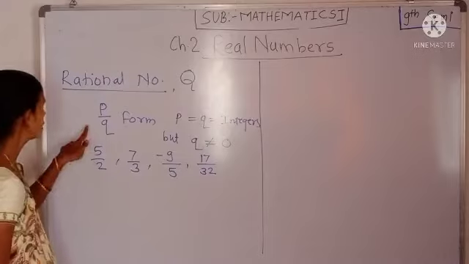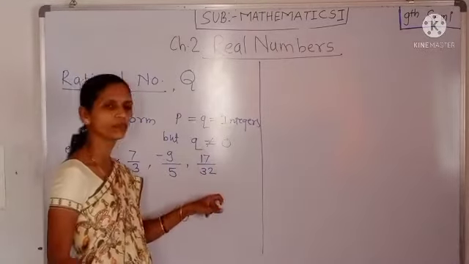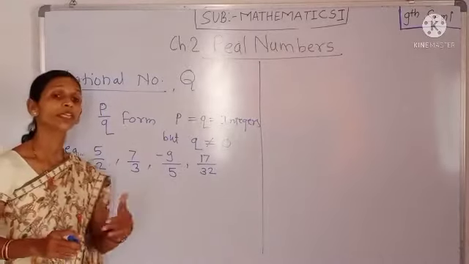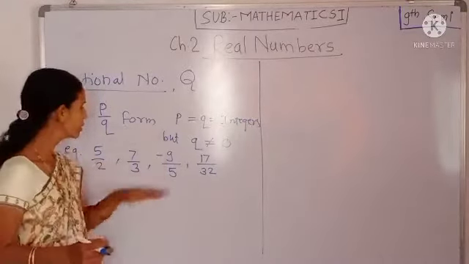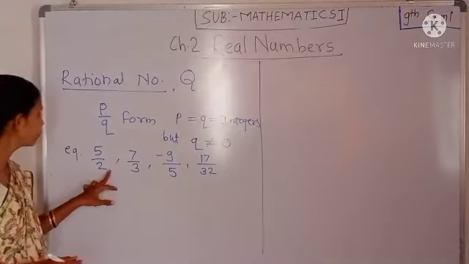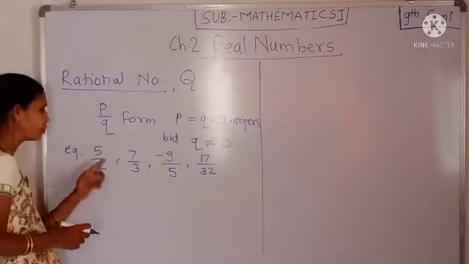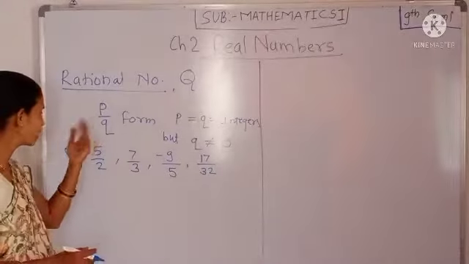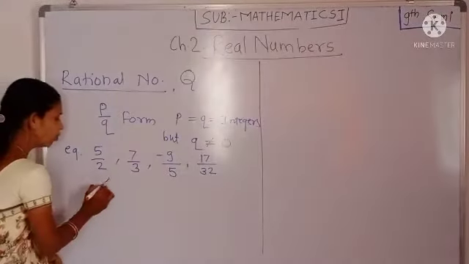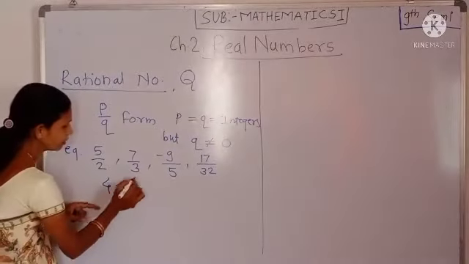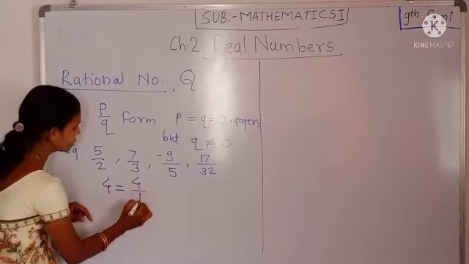These are rational numbers which can be written in different forms. 5 upon 2 is the P upon Q form of that rational number. Similarly, 4 is also a rational number because we can write it in P upon Q form, that is 4 upon 1.